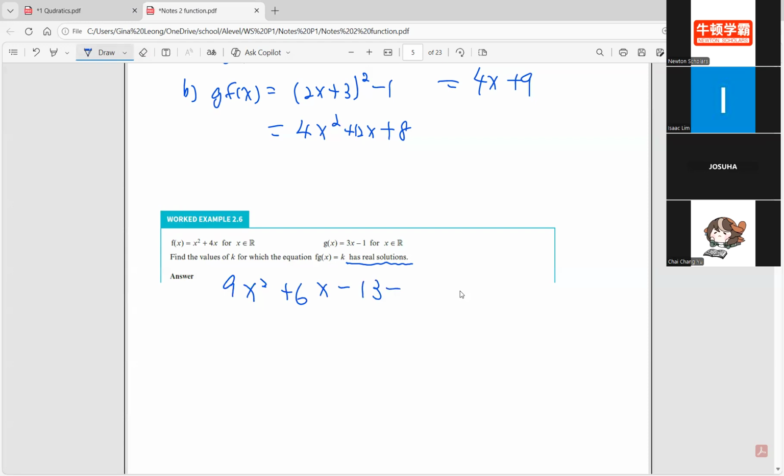Minus 3 plus k equal to 0. Then after that, you put in b squared minus 4ac. This one we don't know yet, we put in first. So this is 6 squared minus 4ac, negative 3, negative k. 36 minus plus 108.